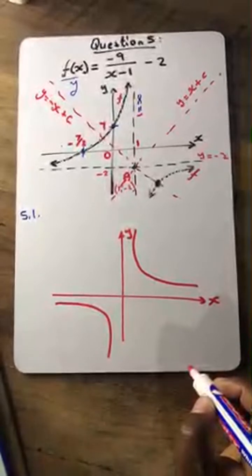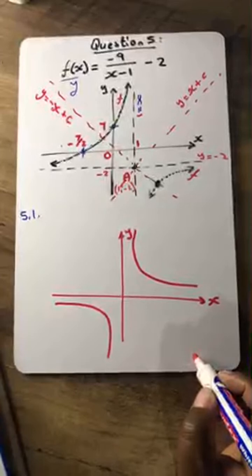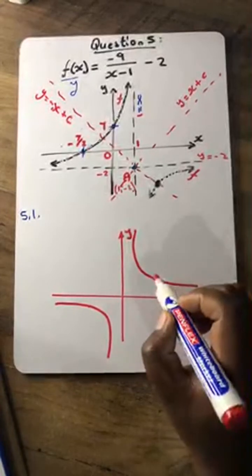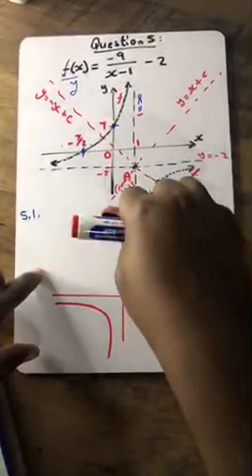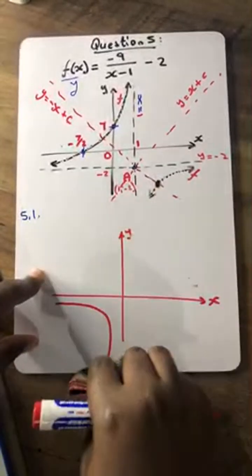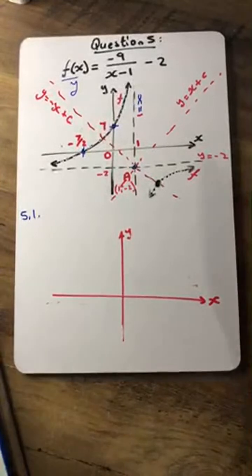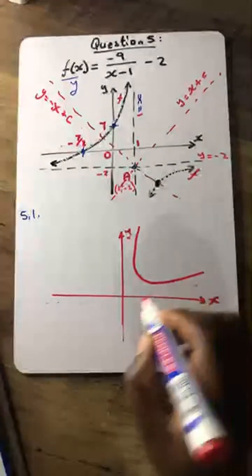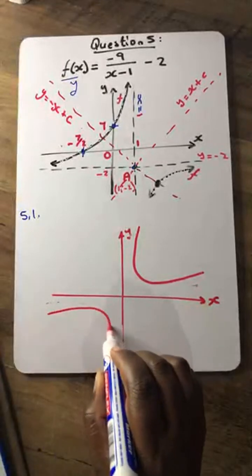When we talk about an axis of symmetry, maybe let me exaggerate it so that it makes sense. It's like we are having that. It's like we are having that.